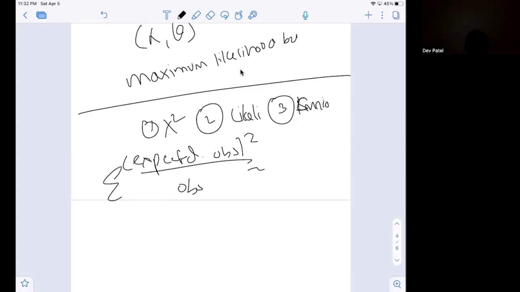So that's the chi-square test. We also have the Kolmogorov-Smirnov test. This test looks at the difference between our fitted CDF and our empirical CDF, and whether the max difference is significant enough to say that this model is not sufficient for this data.